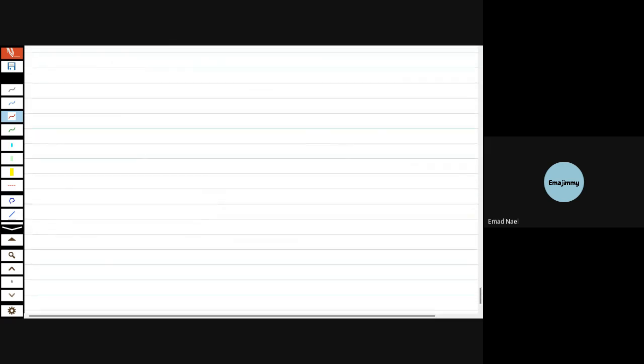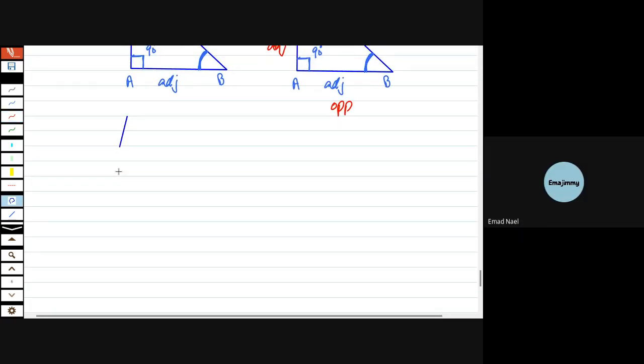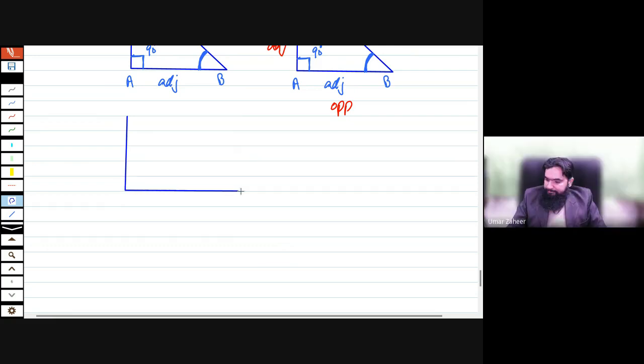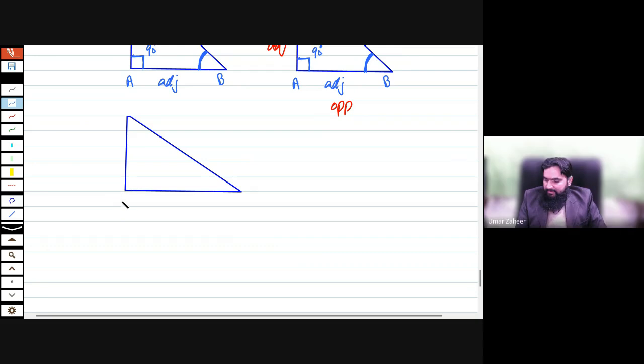I will make another triangle, let's say triangle EFD, and I'm going to talk about angle F. You have to tell me what is the name of DE?